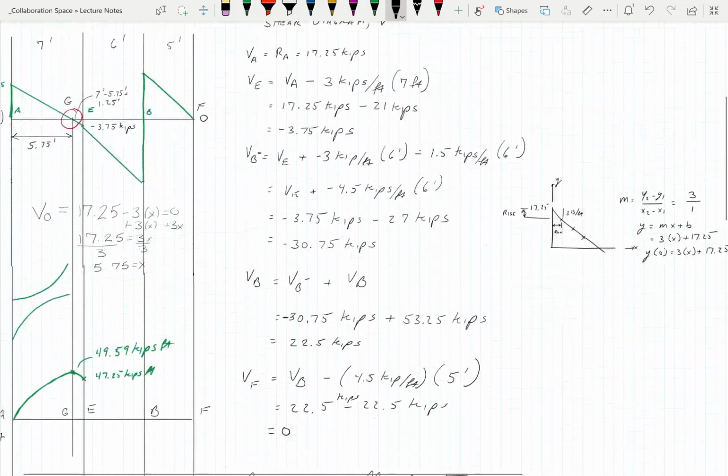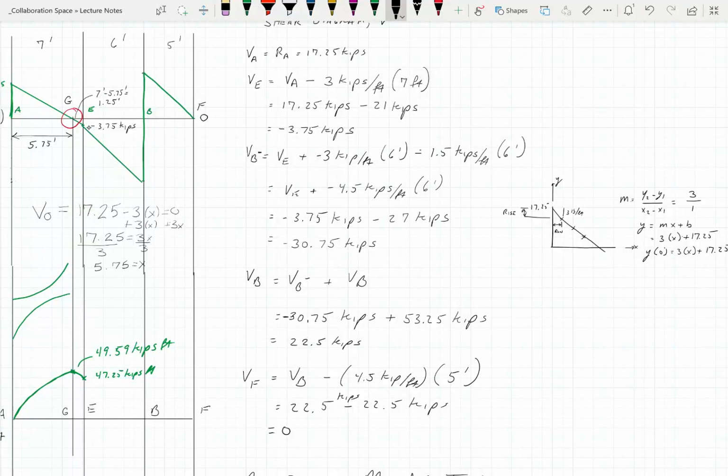So on the shear, you got this triangle and this square that you have to solve for the area. Then you subtract the 3.75 from the 30.75 to get 27, which is this height here.